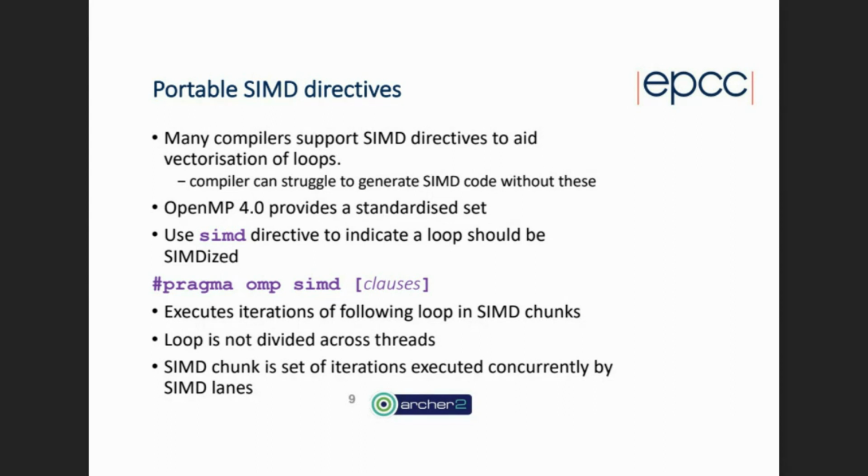The SIMD directive itself does not divide the loop across threads, it just does the vectorization. If you want both, you can use a combined directive: OMP for SIMD on the loop, and that will both parallelize across threads and vectorize.